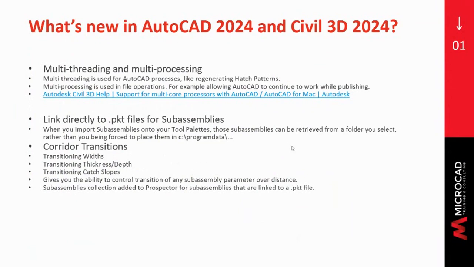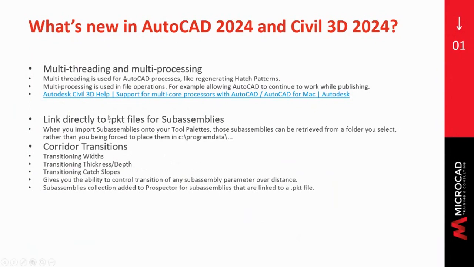We'll talk about multi-threading and multi-processing. Those are part of AutoCAD. But then I'm going to demonstrate this link directly to packet files for subassemblies, and then this new functionality, corridor transitions. Okay, so I've got demos for each of those and show you how those work.